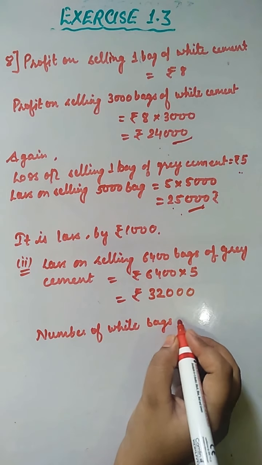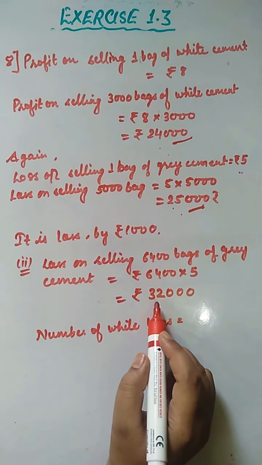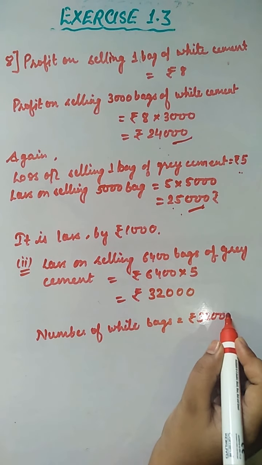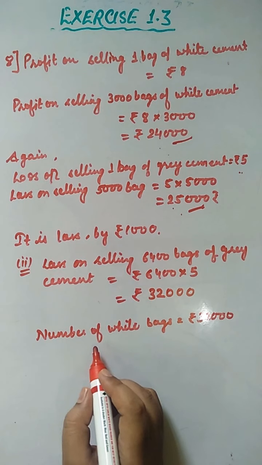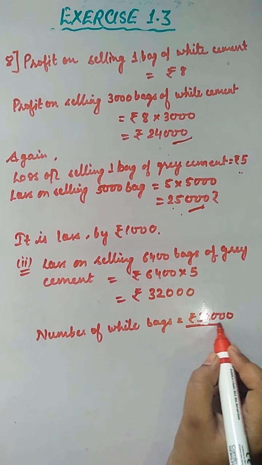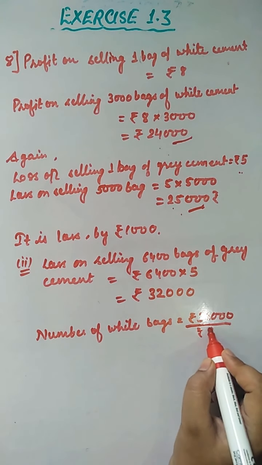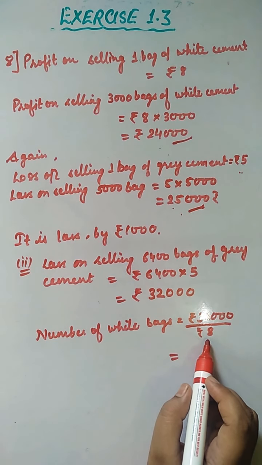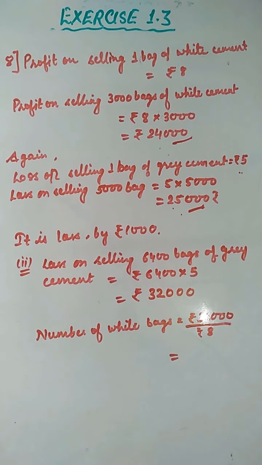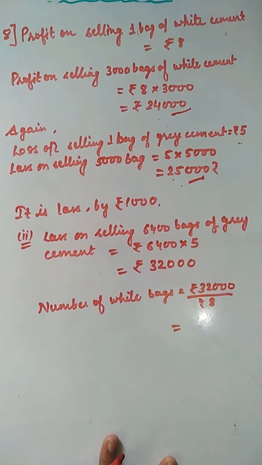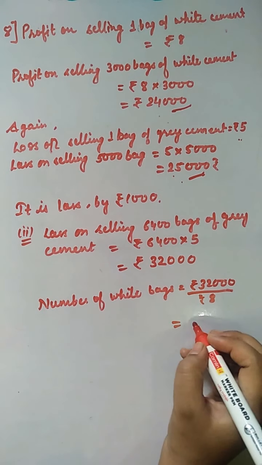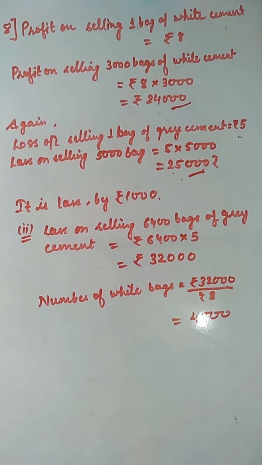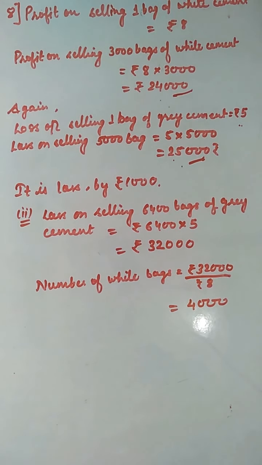Total profit you need is 32,000 only, and in one bag how much profit was there? Rupees 8. So you will find out the total amount upon profit on one bag, that will be 32,000 upon 8. This is how much? 4,000 bags. I hope you all have understood why I did this.